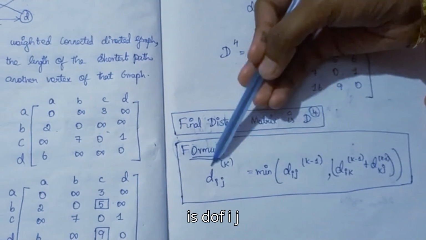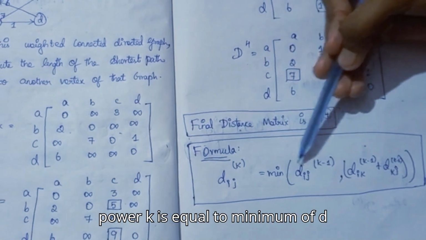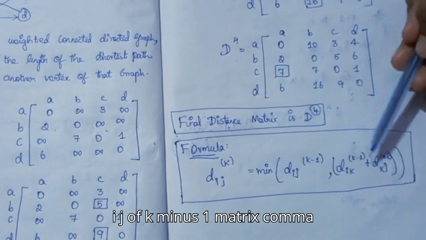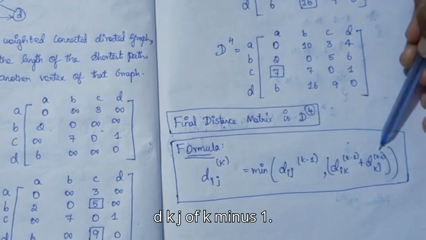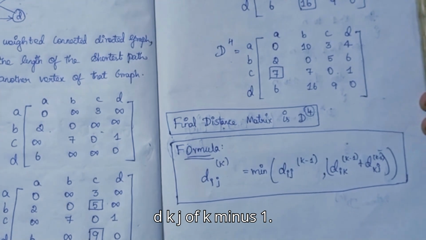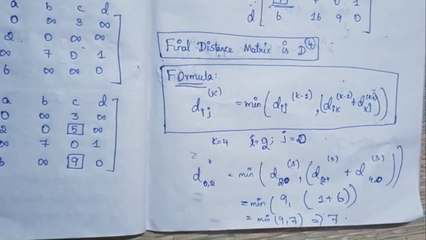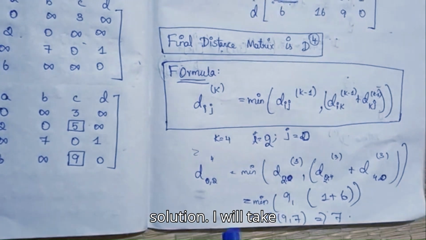The formula is D of ij power k is equal to minimum of d of ij of k minus 1 matrix, comma, d of ik of k minus 1 plus d of kj of k minus 1. By using this formula, I will explain only one step in this solution.